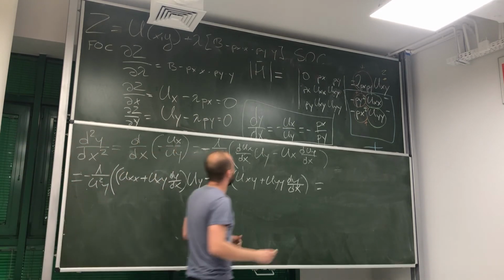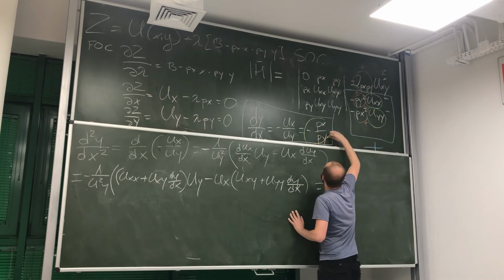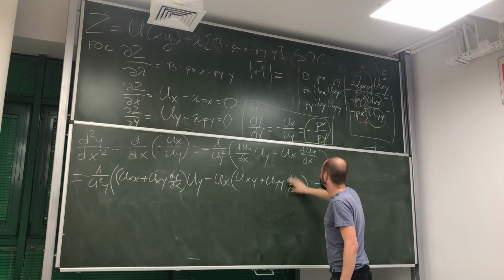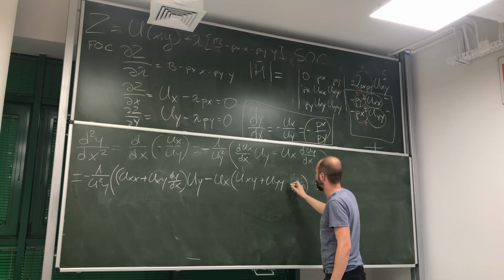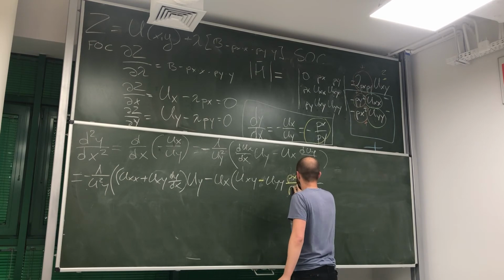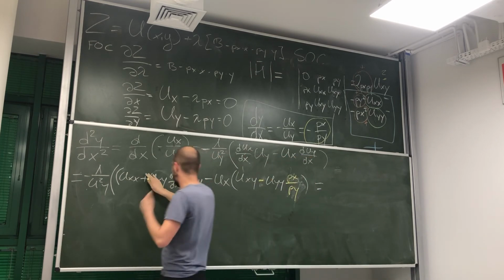So let's do this one first, right? I can take this and substitute it here. It's negative px over py, and over here.